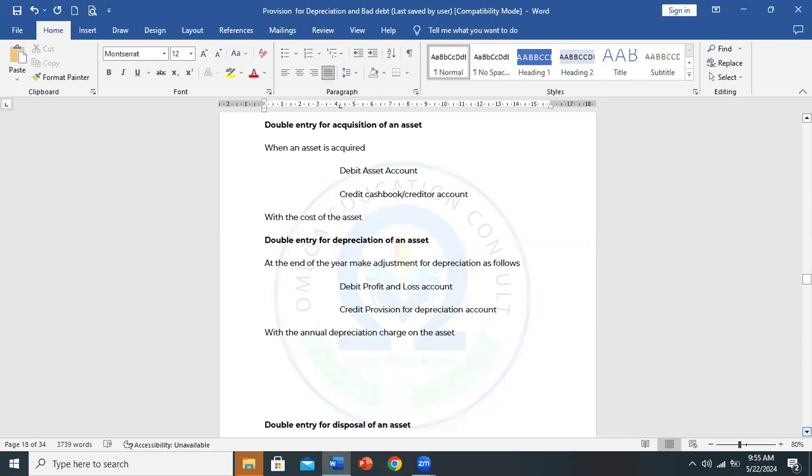Okay, so let me wrap up with the plenty things we have done, because we are zooming into another unique area, which is highly examinable. This has been dropping in WASI and UPTEC. Check the past questions and you would not be disappointed. So it's highly examinable. That's a double entry for acquiring an asset, depreciating it, and finally disposing.